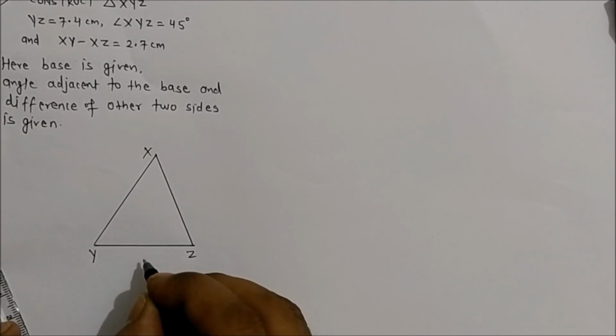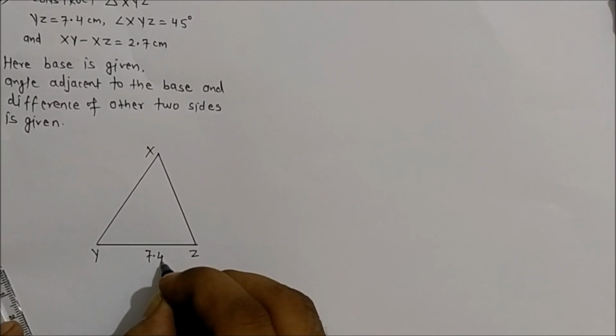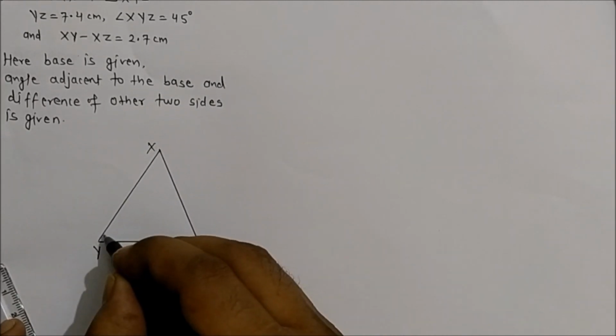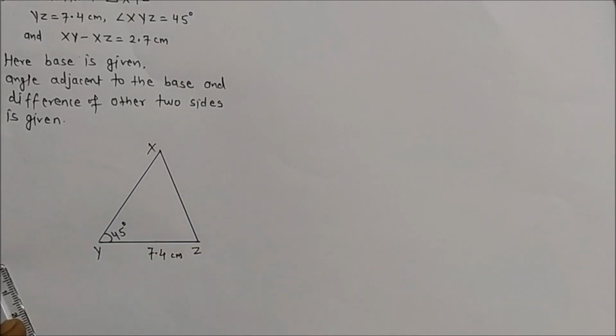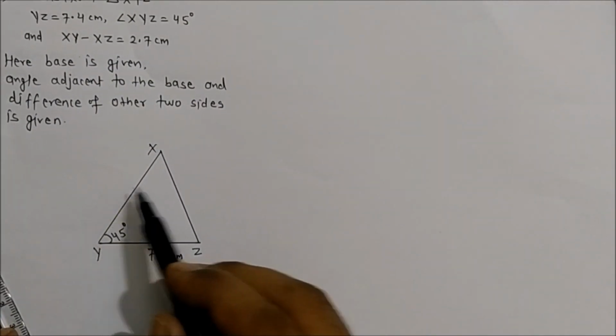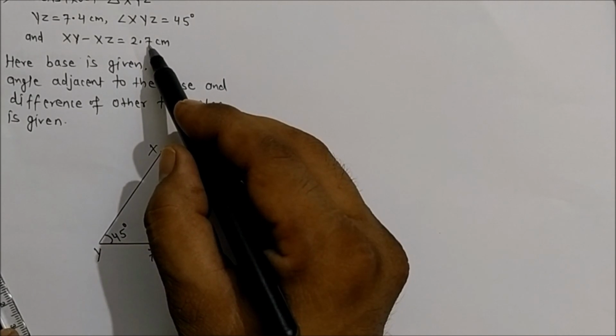YZ 7.4 centimeter. Angle XYZ, this is 45 degrees. And XY minus XZ, that is 2.7 centimeter.